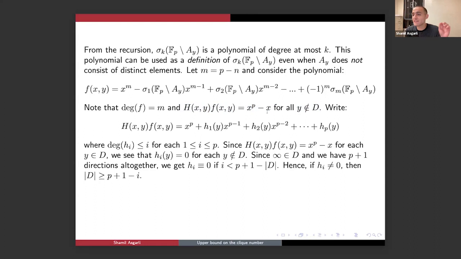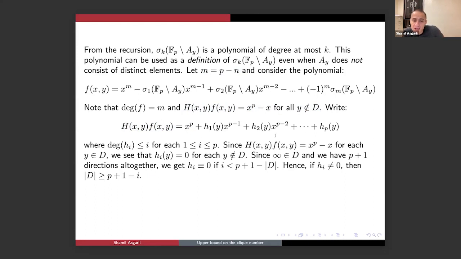Let's just treat y as a variable. If I multiply h(x,y) with f(x,y), I will get degree x to the p. Why? Because f(x,y) has degree m, and h(x,y) has degree n, and if you multiply them together, you get degree m plus n, which gives me p.